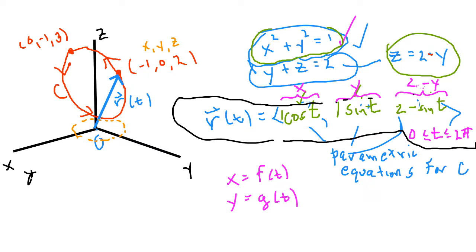So for instance, the first point there, negative 1, 0, 2. If this is our parameterization, our vector function, what t would this go with?